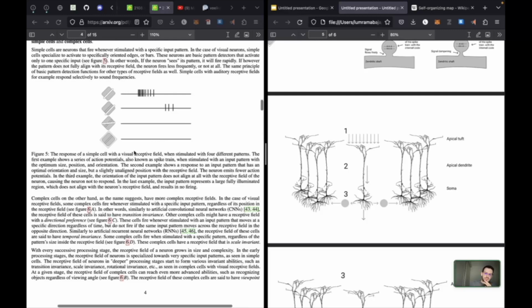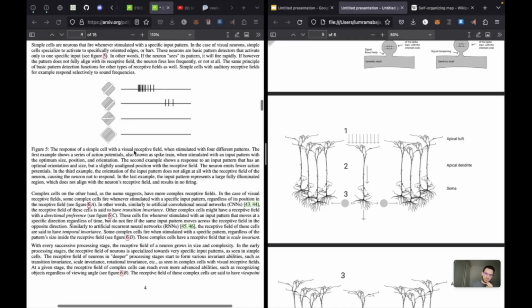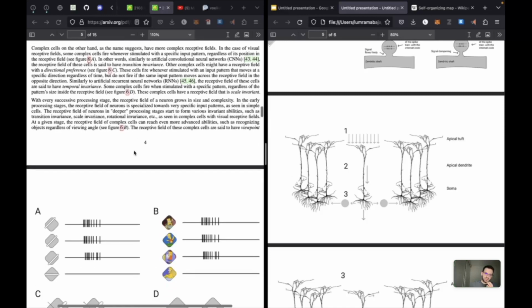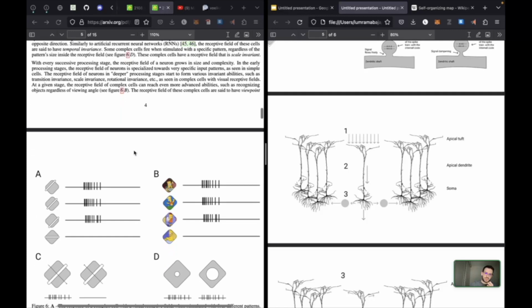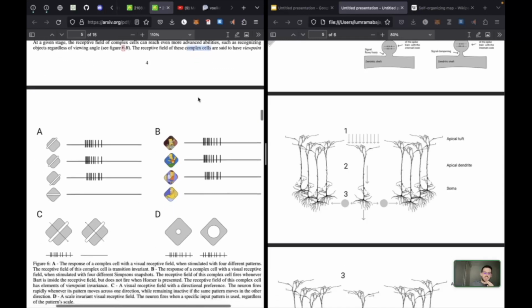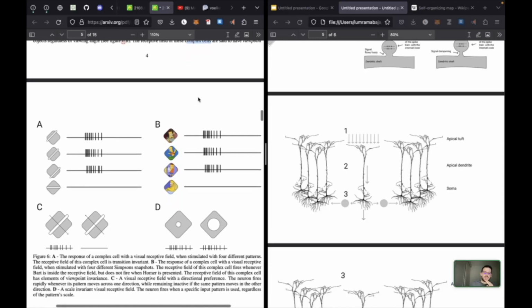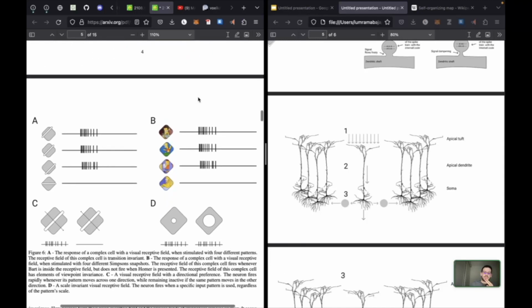But there's also another type, and the majority of cells in our visual system are actually made out of this type of cell, which we call complex cells. And complex cells have the ability to learn very complex representations that very often have some invariant capabilities.